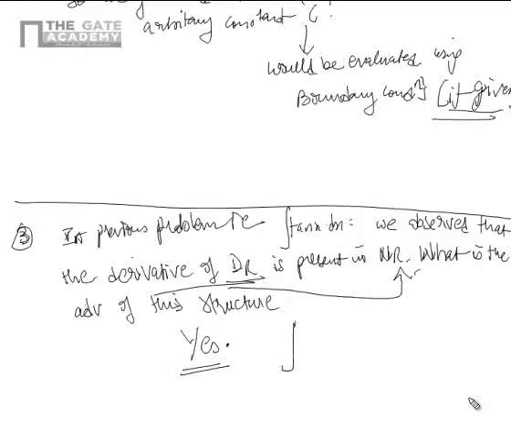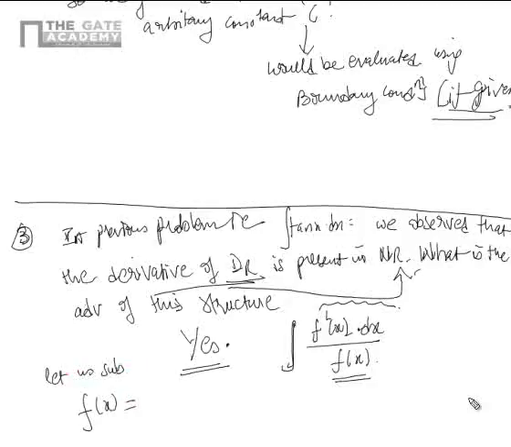Let me take the integration of f dash of x dx by f of x. If I have an integration like this, I have a function f of x whose derivative is present in the numerator. Correct? Now what is the advantage of this structure? Let us substitute f of x as t.